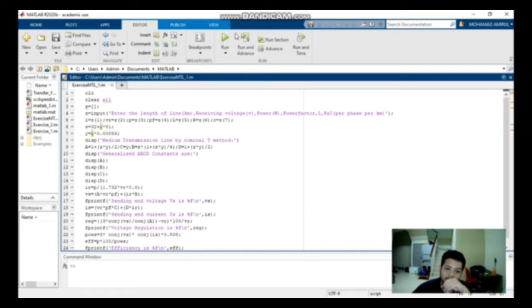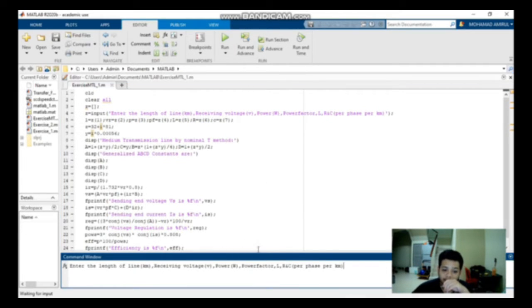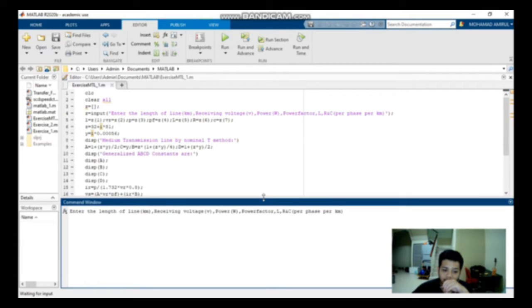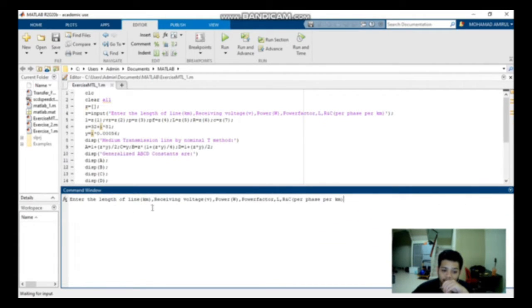After that I ran the MATLAB, and it asks for the length of line in kilometers, receiving voltage V, power factor, and L, R and C per kilometer. So I wrote the input from the question.